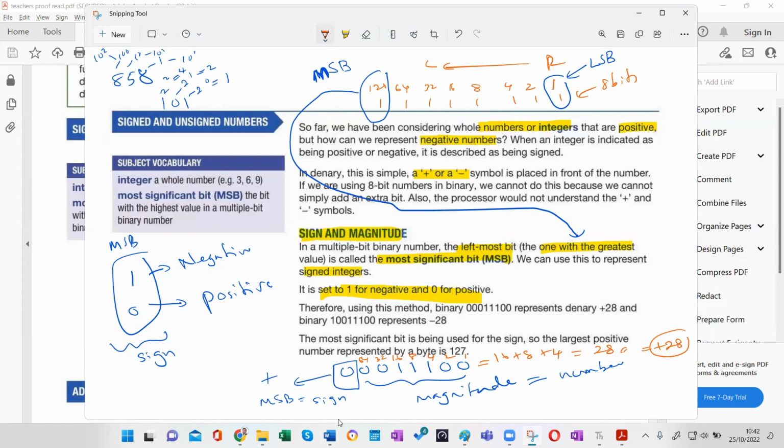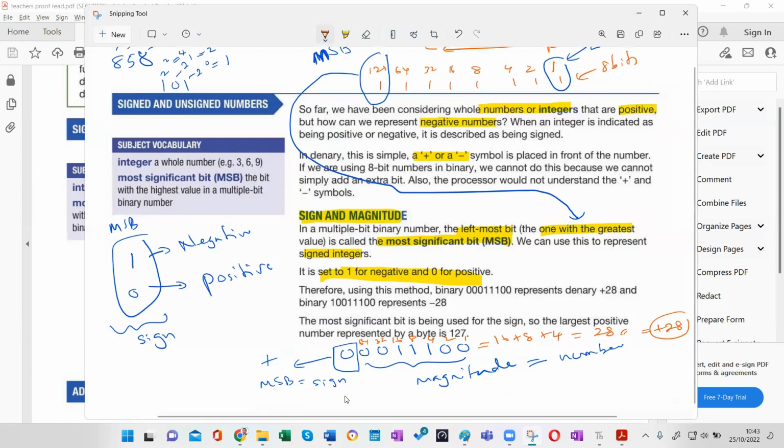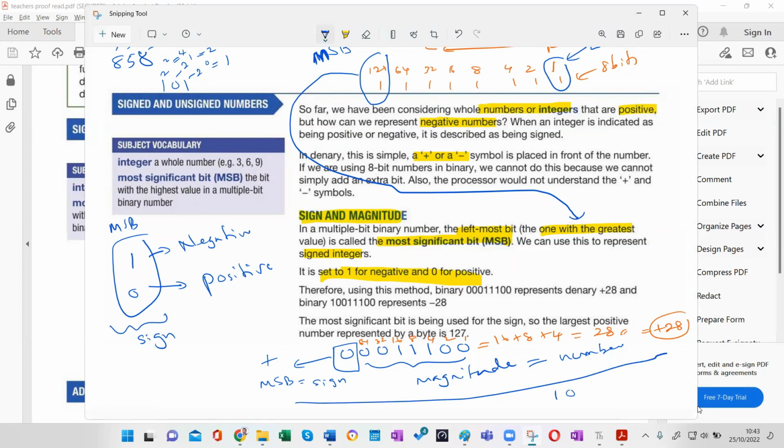Now, when you get used to these calculations, you do it mentally. You don't need to write like this: 16 plus 8 is 24, plus 4 is 28. Okay, then what about this one? It's 1 0 0 1 1 1 0 0.